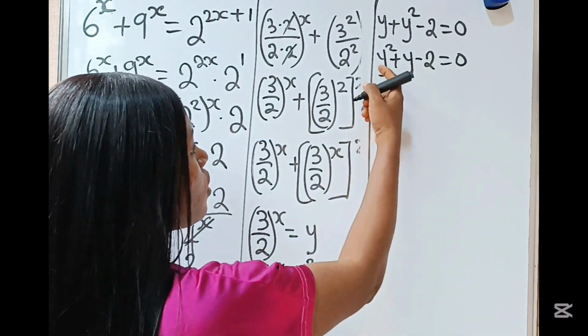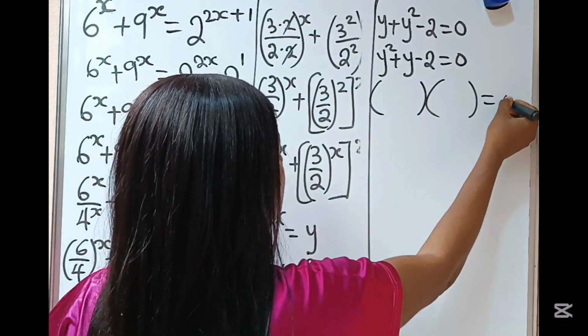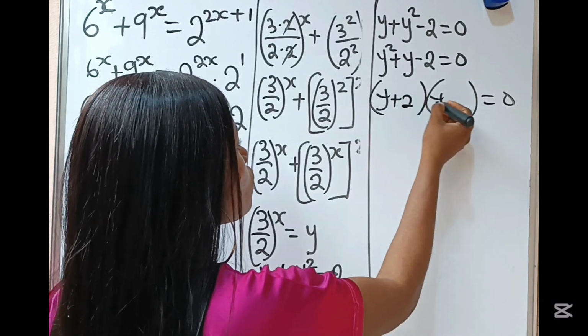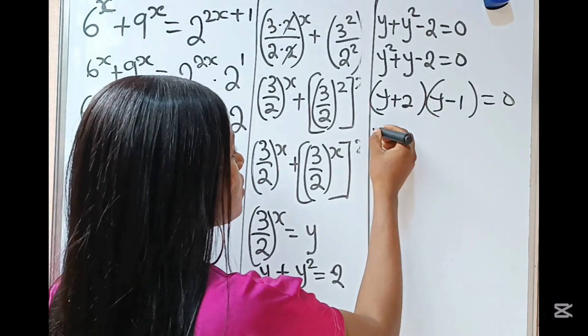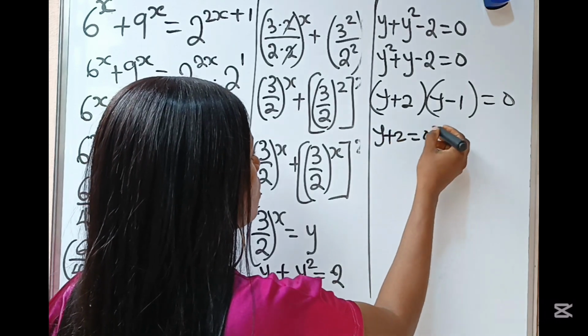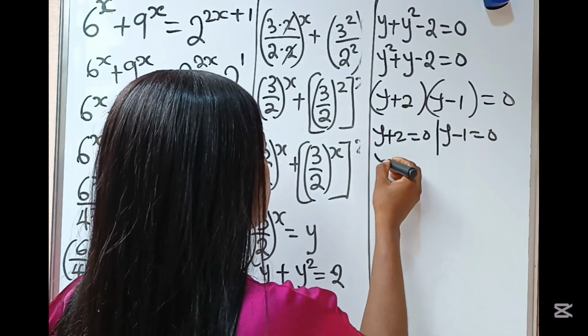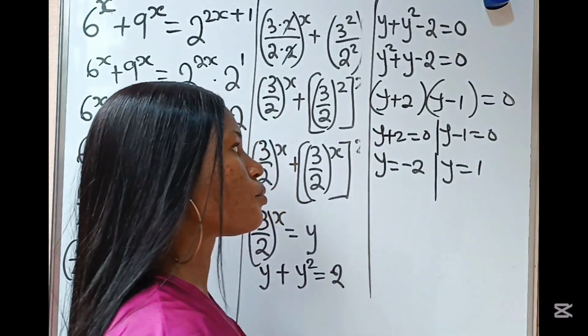Because the coefficient of y squared is 1, I can factorize this faster using this method. So from here we can see that y plus 2 is equal to 0, and y minus 1 is also equal to 0. So y is equal to minus 2 and y is equal to 1.